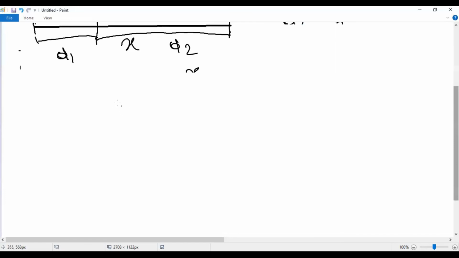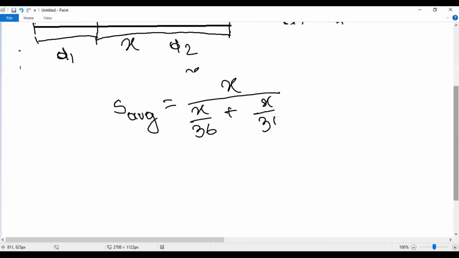So the average speed, let's say S avg, will be total distance by total time. So total distance is equal to x, and total time is x by 36 plus x by 30. So we have to do just normal calculations here.